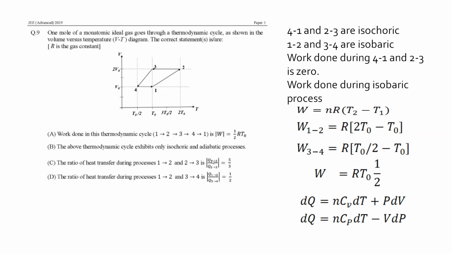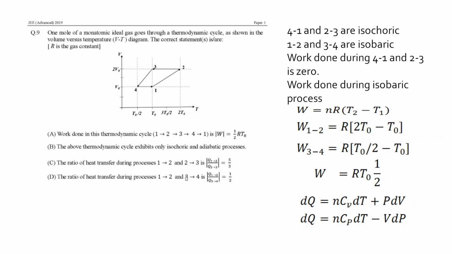Now the first one compares the heat energy released or absorbed during process 1 2 and 2 3. Now what is process 1 2? Process 1 2 is an isobaric process. In an isobaric process, as you know, the pressure remains constant, so in this equation dP becomes 0. So you get dQ is equal to nCp dT.